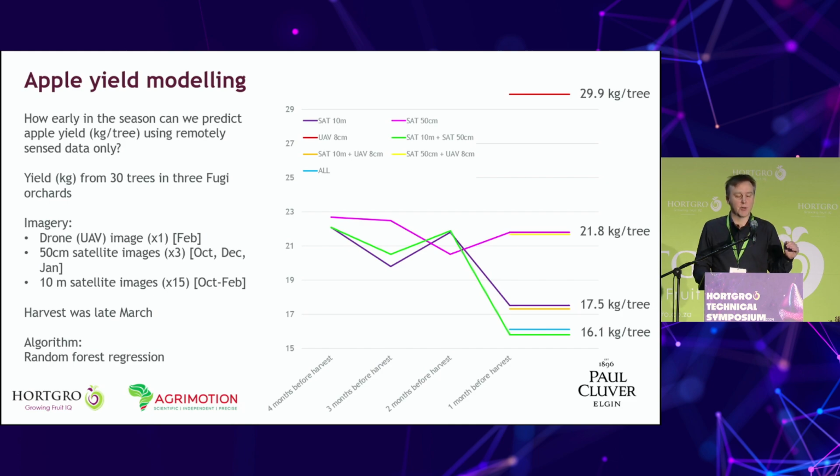And when we only used the drone image, which was taken in February, the accuracy was 29.9 kilograms. So obviously you want the number to be low. 16 is the best accuracy in this case. And the 10-meter satellite imagery actually provided the best results in this study, which was very surprising to us.